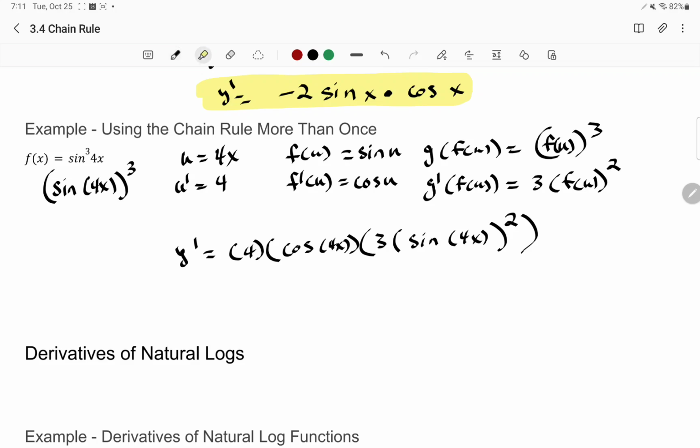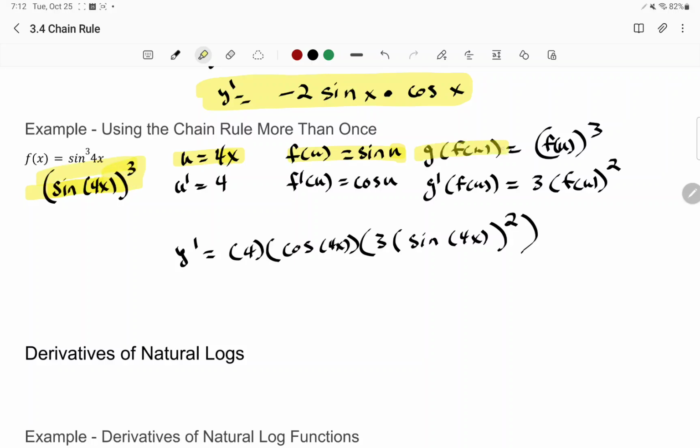All right, so if you pull this apart, you have 3 functions. You have your inner inside, which is the 4x right there. Then you have your outer inside, which is the sine of 4x, and I just use u because I substituted 4x in for u. And then you have your very outside, which includes that power to the third.